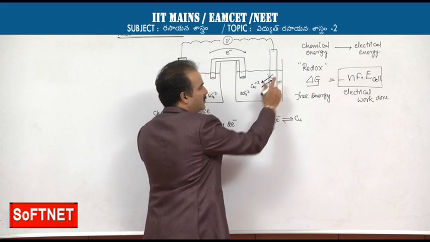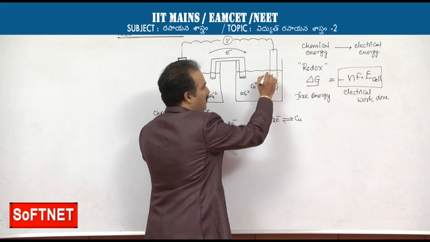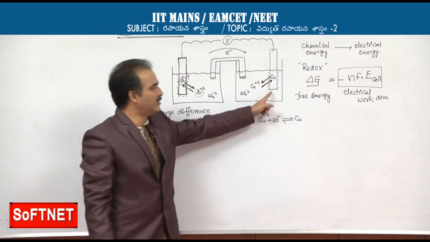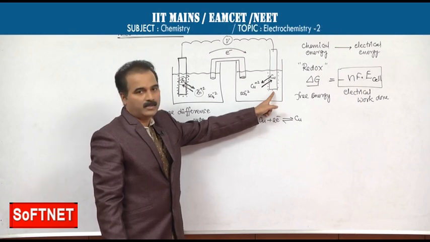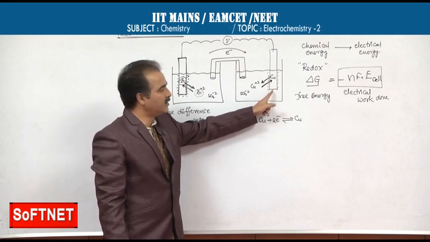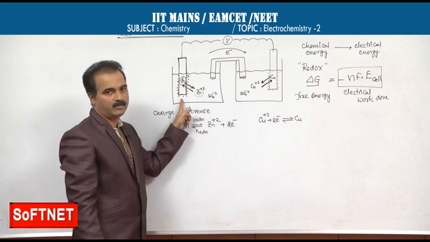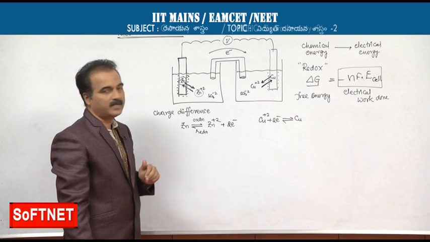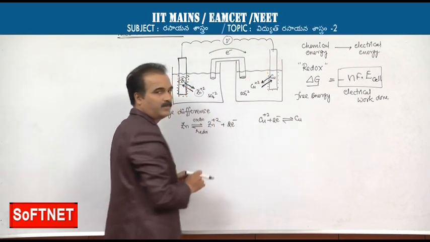Once the reactions reach the state of equilibrium, there is some potential developed here, some negative charge developed here, and this is single electrode potential. The exact single electrode potential here is how much we do not know, and here is how much we do not know, but we can find the difference in electrode potential by connecting the two electrodes with a wire.